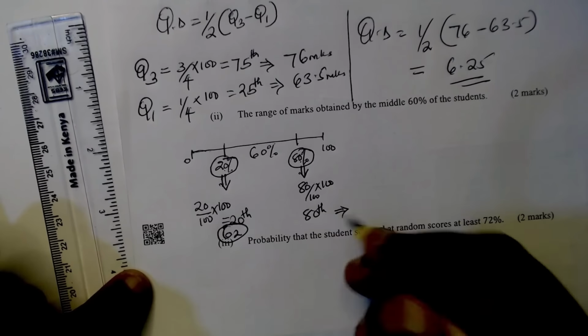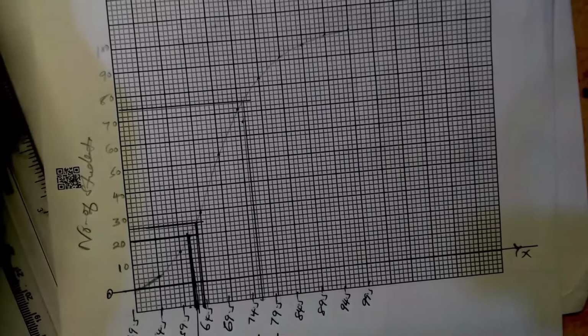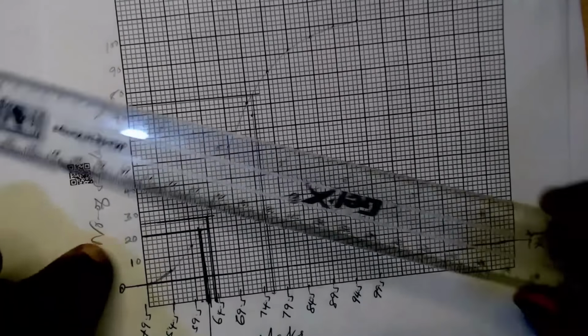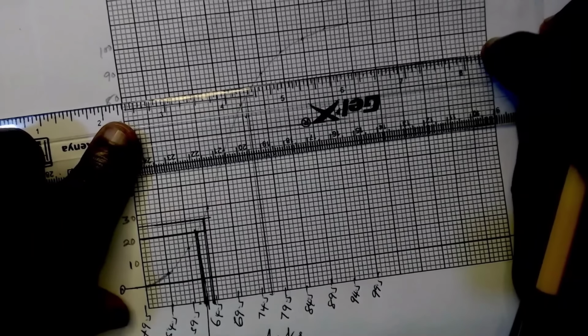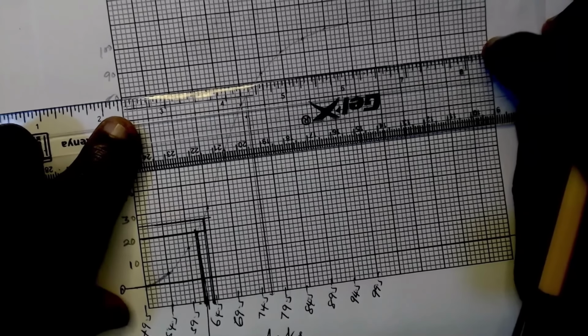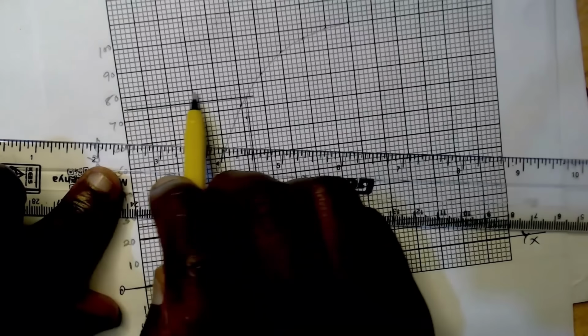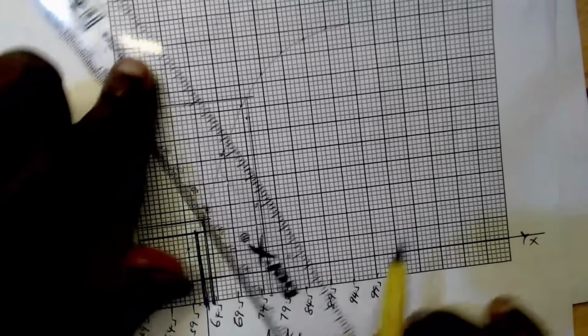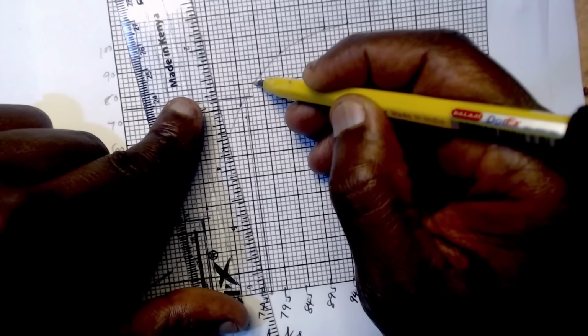Then the 80th. For the 80th we can draw a straight line here, already I can see it is there. We are going to use this one, that is here, then up to the point where it touches the curve, at this point here.